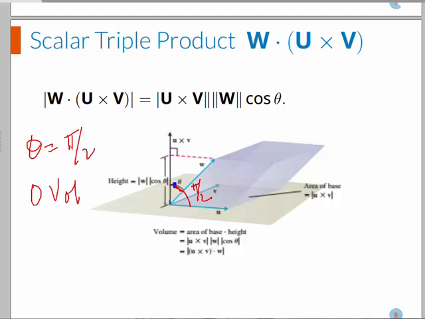And we can see where this comes from in the dot and cross products. The dot product of two perpendicular vectors is 0, and that would be the case if u cross v and w are at an angle of pi over 2, at right angles. Then they are perpendicular, and that dot product would be 0.